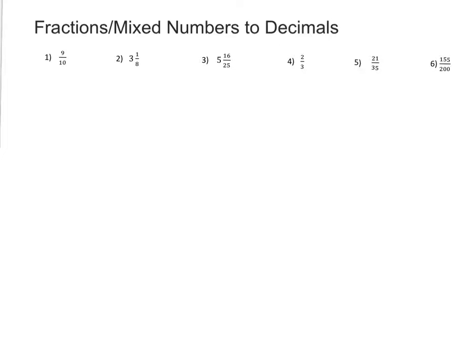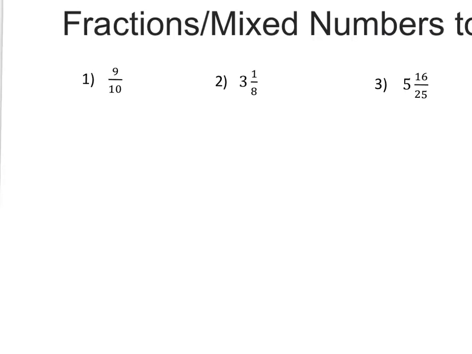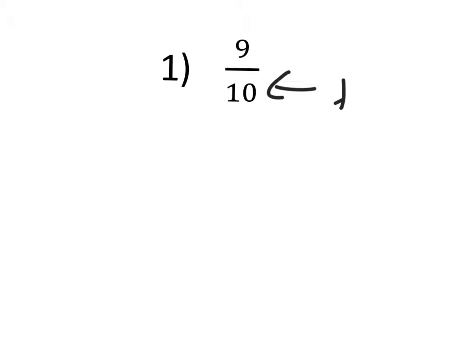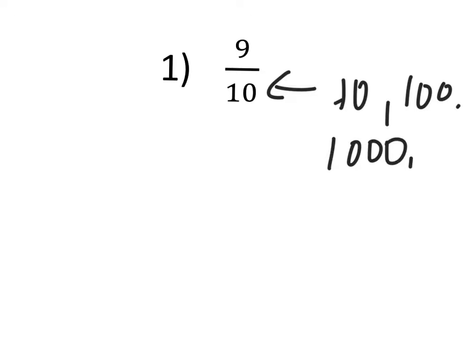to decimals. As we look through these, we're going to talk about a couple strategies that will come in handy as we're doing these different problems. So if we kind of zoom in here and look over at number 1, 9/10. The easiest thing that I can tell you is if you can find where this denominator is a 10, 100, 1,000, and so on, those base 10 values are how we read it.